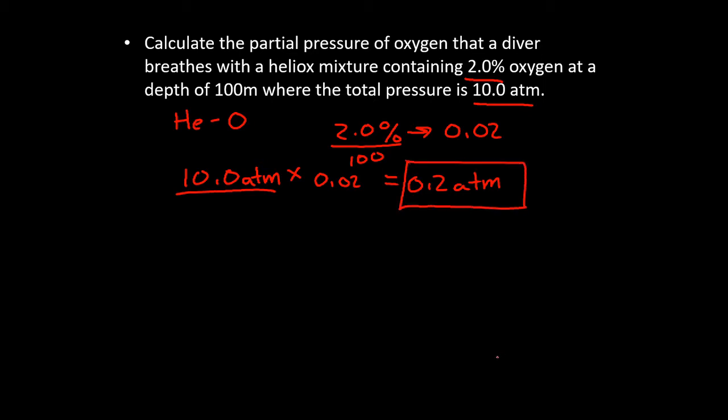Which is the reason why we use 2% oxygen, by the way, to get that 0.2 atmospheres. And actually, I think what I told you a minute ago is not correct. I think I told you that that percentage stays constant. Actually, now that I think about that, I don't think that's correct. I think the percentage does change. Actually, I know the percentage does change, so I apologize for that. So this is only true at 100 meters. It would change as you go up and down.